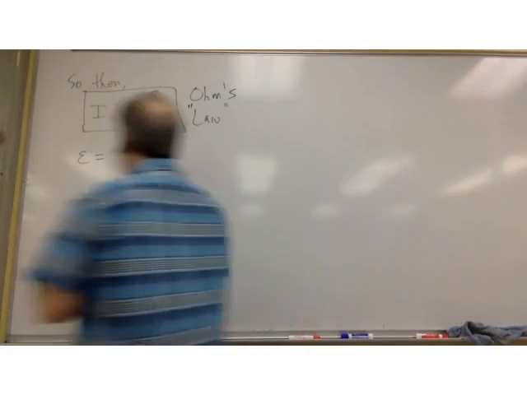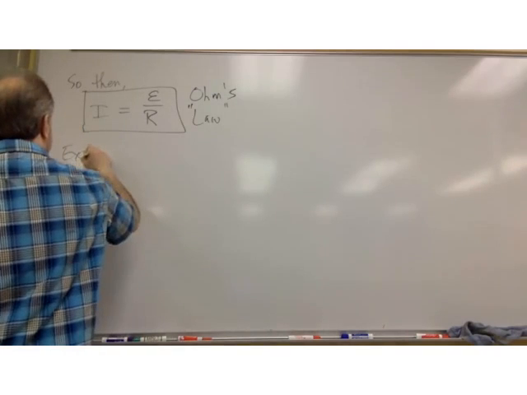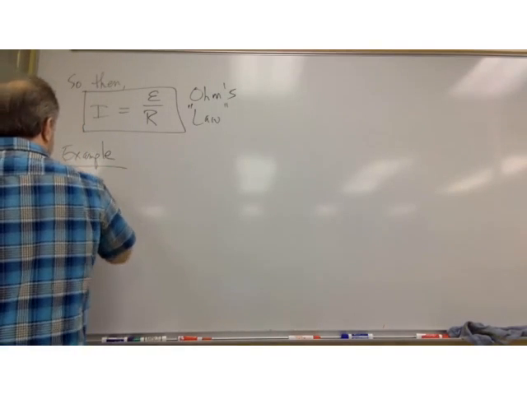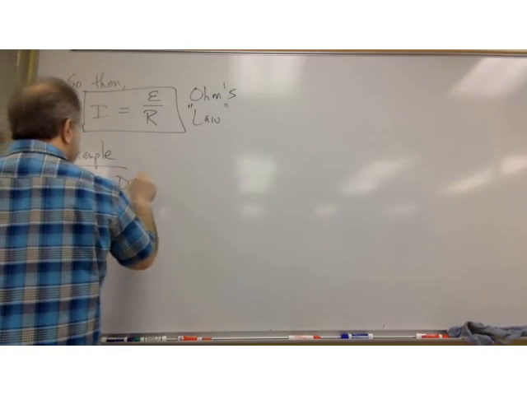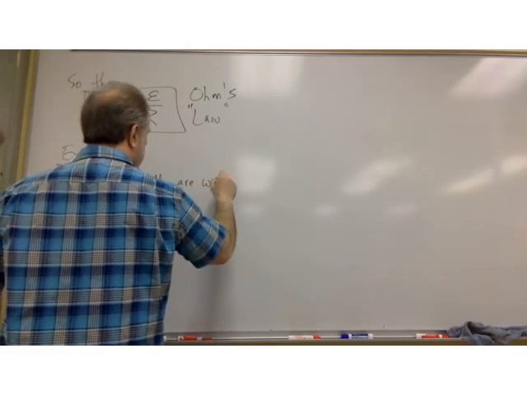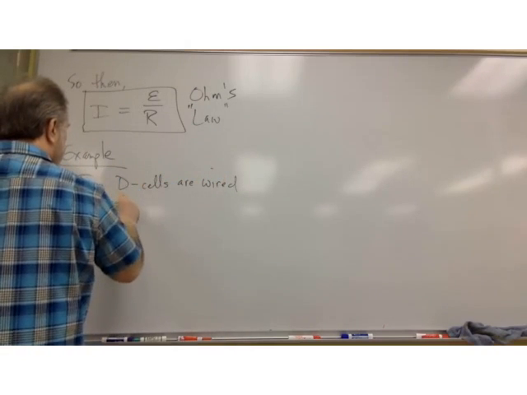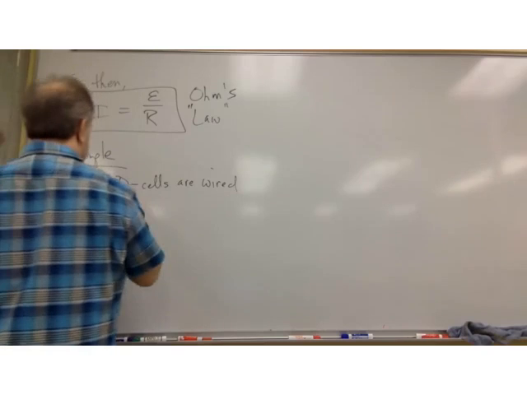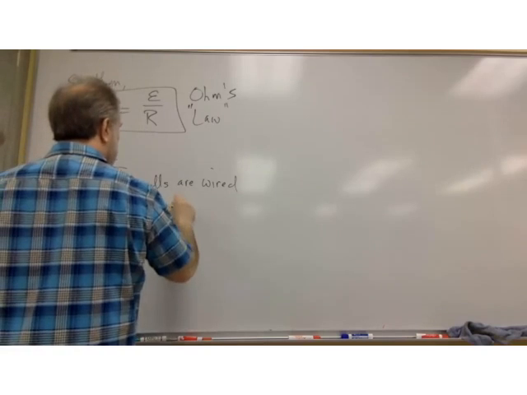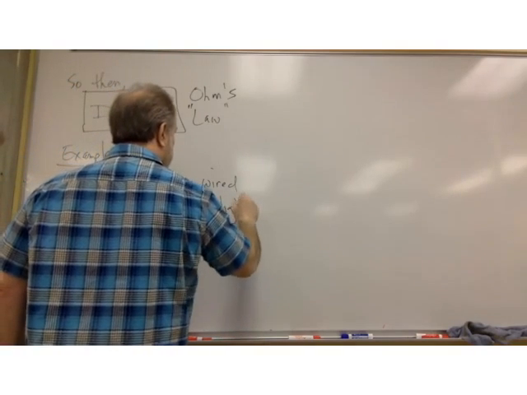So if I have two of them, let's see, what do we have? Two D cells are connected, or wired, in series. What does that mean? I'll show you. And we have a light bulb.